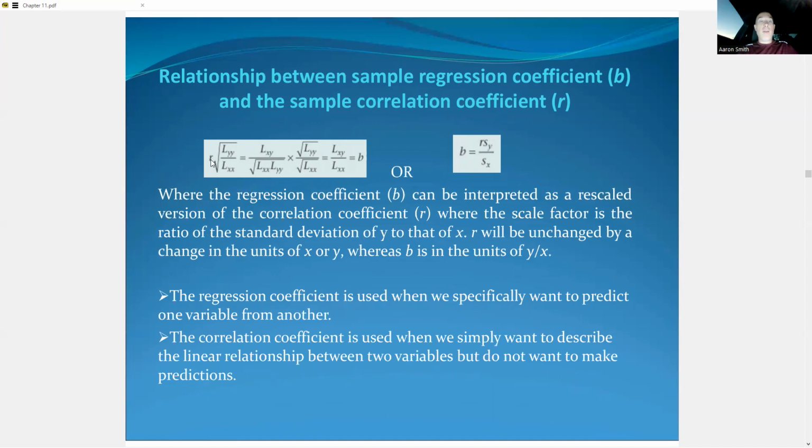If I multiply r by the square root of L_YY divided by L_XX, we just do a little bit of manipulation, convert this r to its formula, and do a little bit of tweaks here and there. We end up getting this, which is equal to b. So the correlation is always proportional to the slope, is the punchline of that. If one is negative, the other is negative. If one is positive, the other is positive.